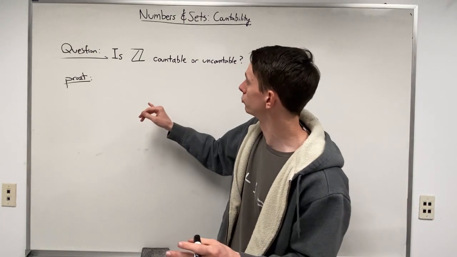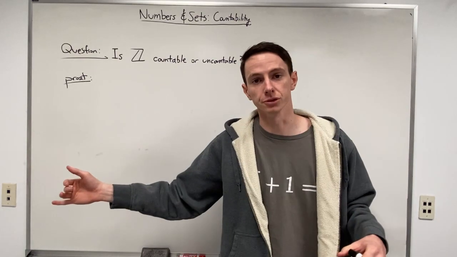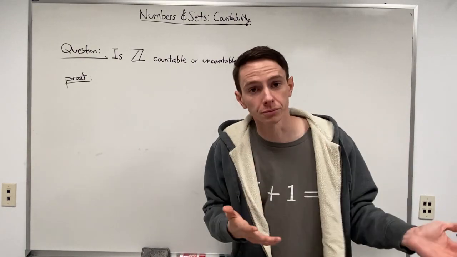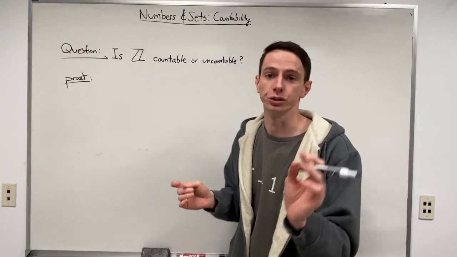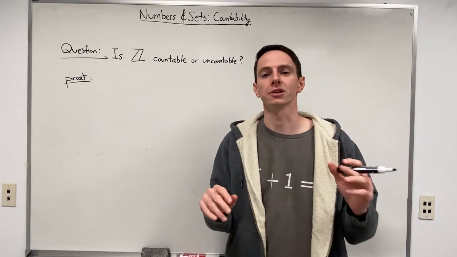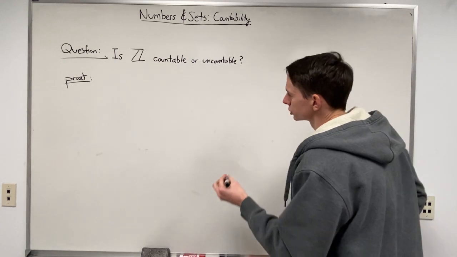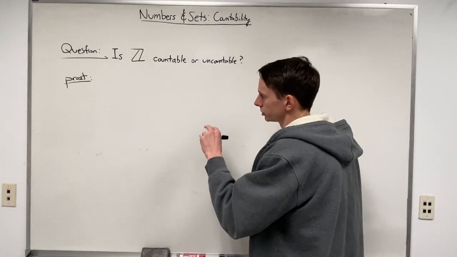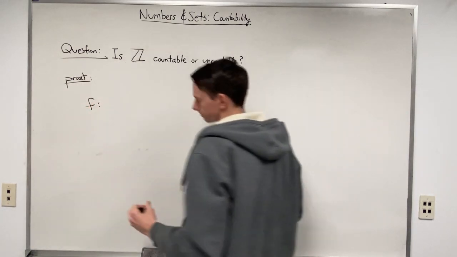If we determine that there is a bijection from this set to the natural numbers, then it is countable. If we can show that no bijection exists from the integers to the natural numbers, then we would say that Z is uncountable. So what I want to do is write out a function over here, and I'm going to call this function f.